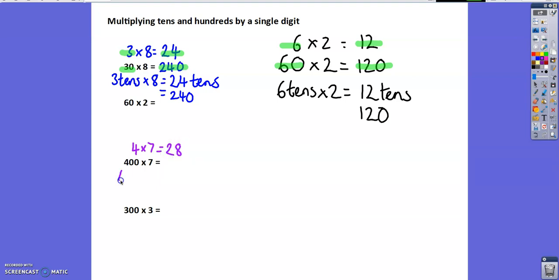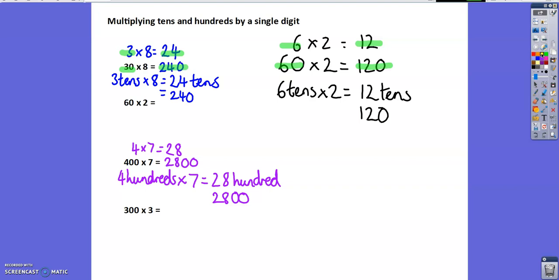So here I have 400s times 7, which gives me 28 hundreds. Now 28 hundreds is 2,800. So 400 times 7 is 2,800.